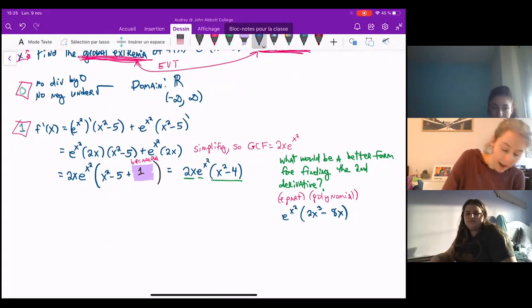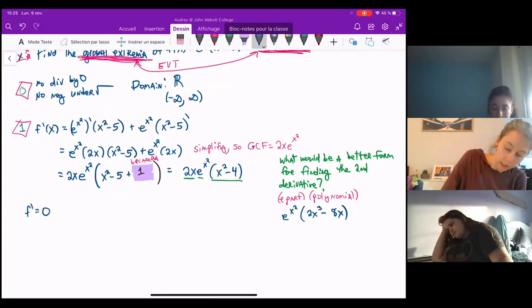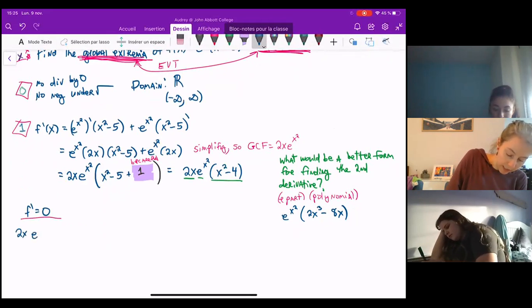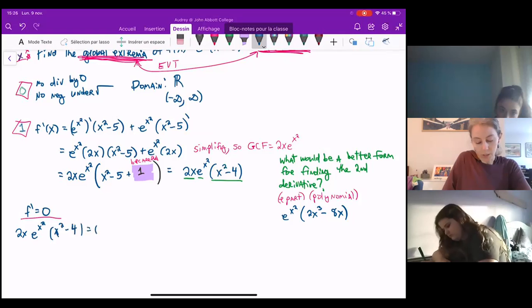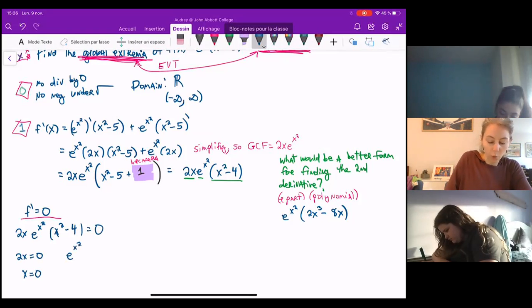So I'm now going to set f prime equal to 0, which is like saying 2x e to the x squared minus 4 equals 0. So I'm separating each one of these. 2x equals 0 gives me x equals 0. E to the x squared equals 0. When does that happen?